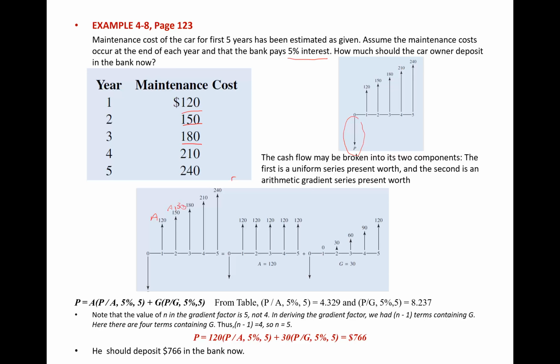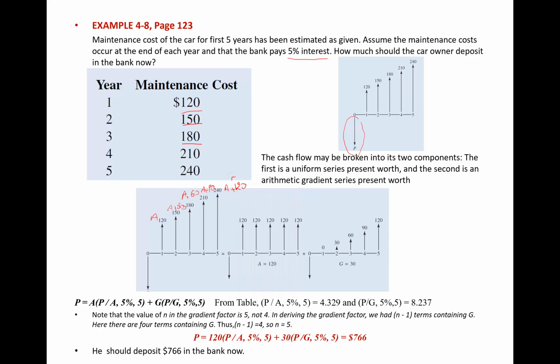180 is 120 plus 60, so it's A plus 60. This is A plus 90, and this is A plus 120.